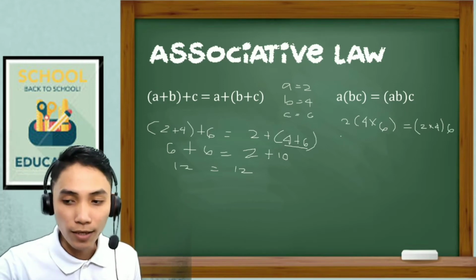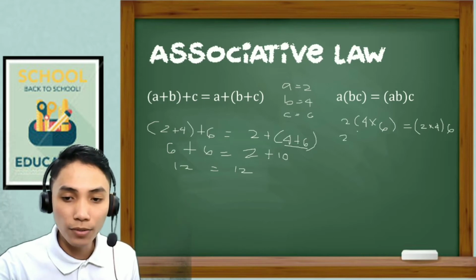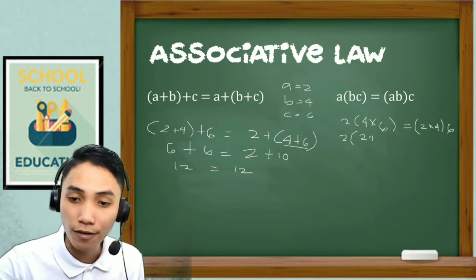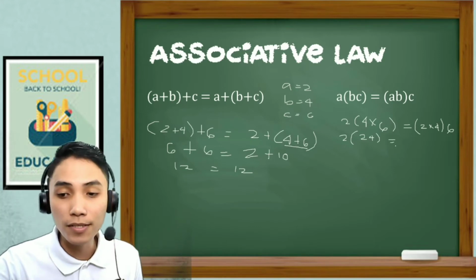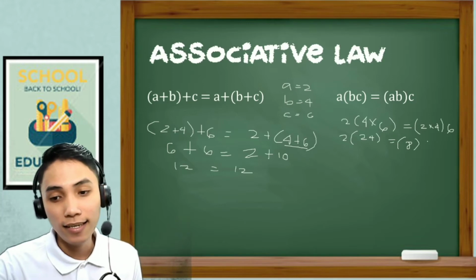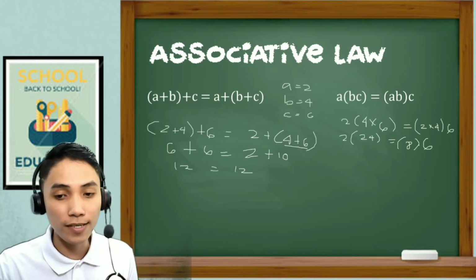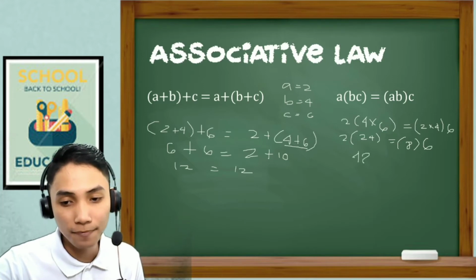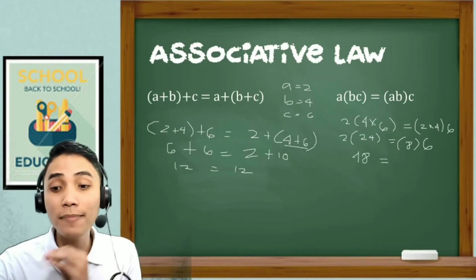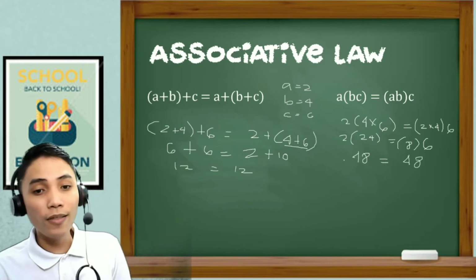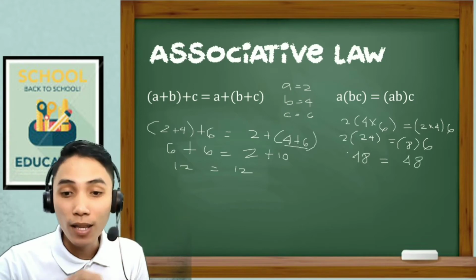Look at this one. Bring down the 2. Now 4 times 6, that is 24. That is equal to 2 times 4, that is 8, multiplied by the number 6. Now 2 times 24, that is 48, equals 8 times 6, that is 48. Now this is the associative law.